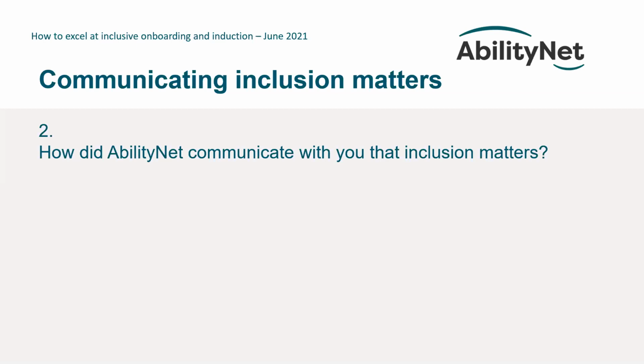Everyone's been flexible and understanding, and I might work differently to other people, but then also giving me the chance to say how I might work differently, and not just assuming that sort of thing.